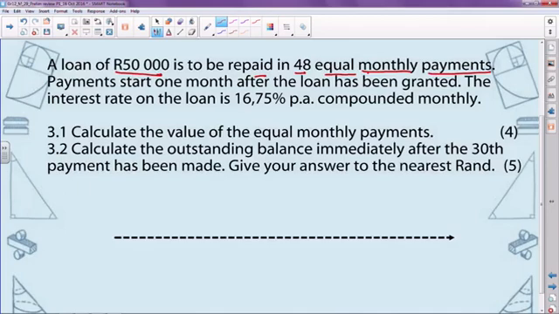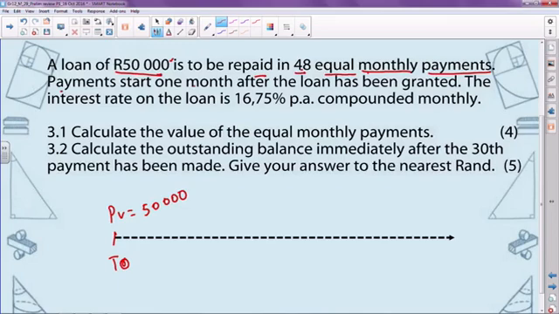It's a loan of 50,000 Rand. That tells me that at time naught, the present value of this loan is 50,000 Rand. That's what you're going to be paying off. It is to be repaid in 48 equal monthly payments. Let's just carry on reading before we put the final time period in.